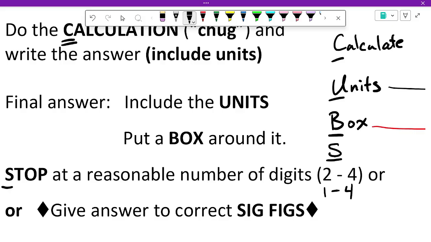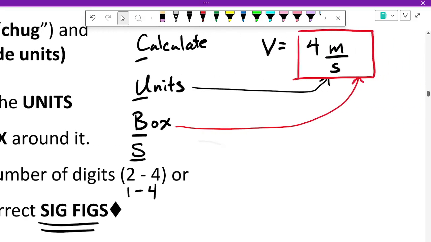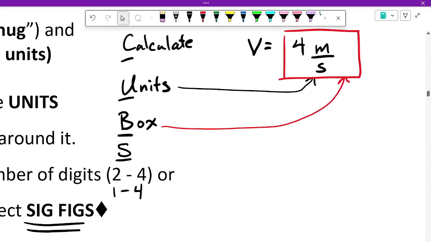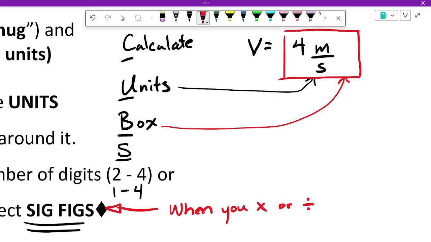If you want to, you can give your answer to correct sig figs. Now, I will show you how to do this. When you multiply or divide, you round your final answer to the smaller number of sig figs in the question.